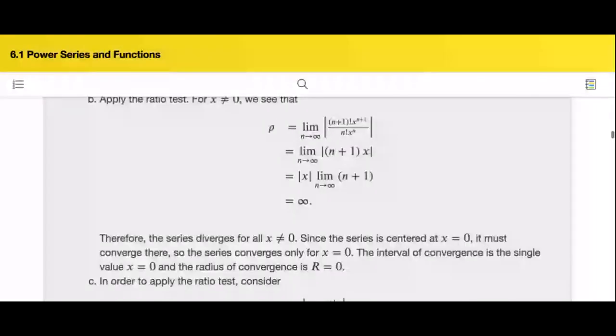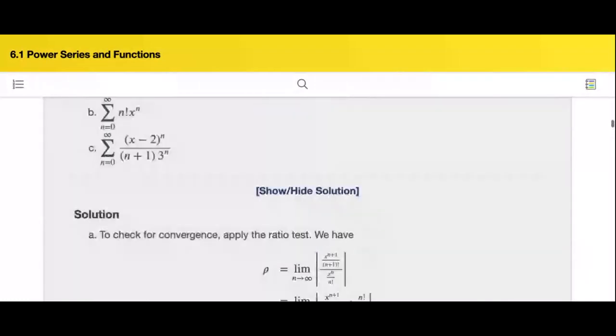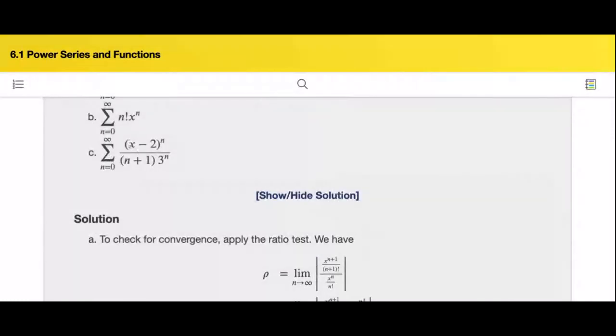So for x equals negative 1, we just plug into this series. Negative 1 minus 2 is negative 3. Negative 3 raised to n, and the bottom is n plus 1 times 3 raised to n. You see that negative 3 raised to n is negative 1 raised to n times 3 raised to n.